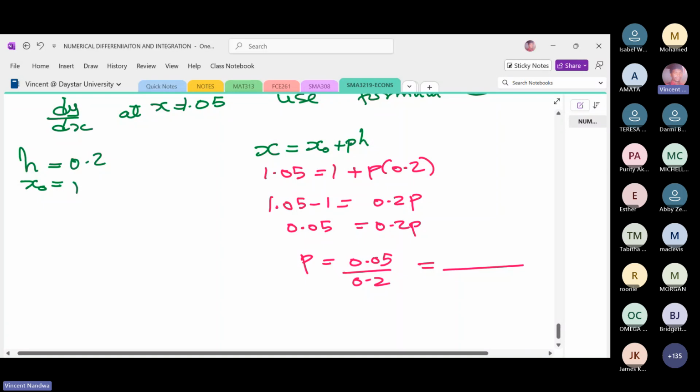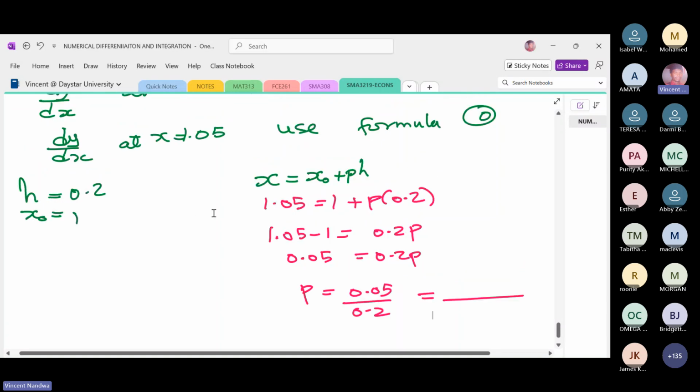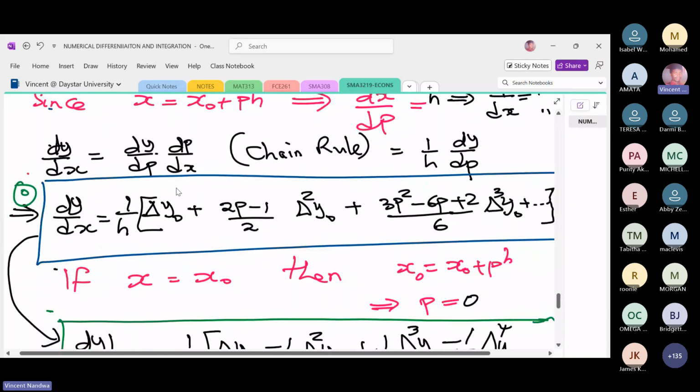So that value of p is what now you would be substituting in this formula 0 to get these coefficients of these forward differences. And you recall that these forward differences will be obtained from your table of forward differences. And then you'll be able now to replace each value correctly and then find the value of the dy/dx.